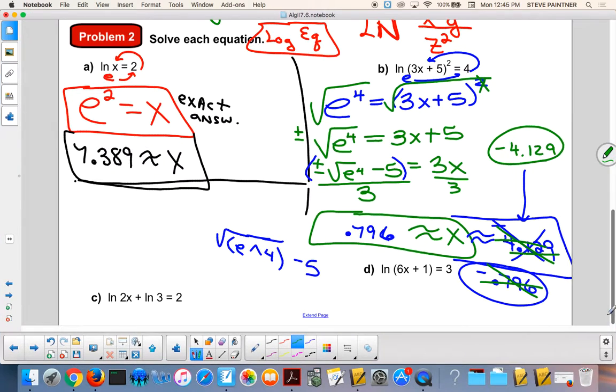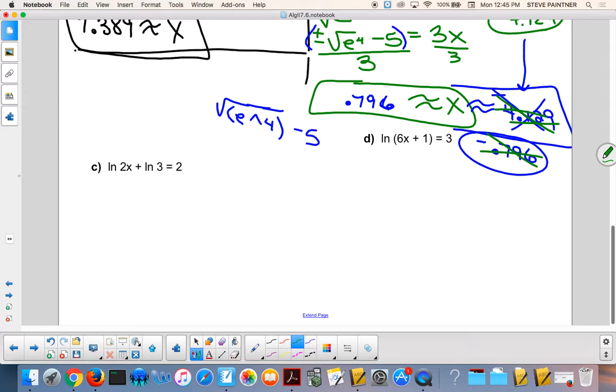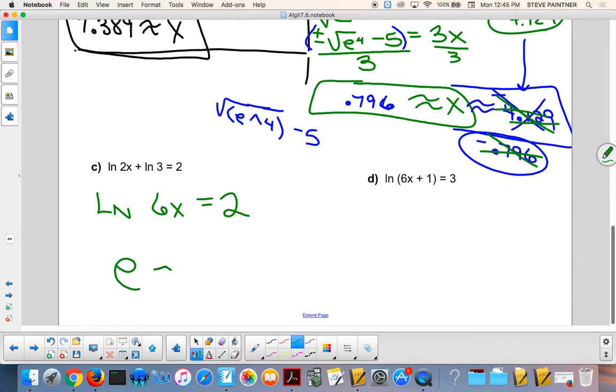This time you have 2 natural logs. What are we gonna do? Use your properties. Okay, stop. Multiply ln of what? Multiply 2x and 3 and get 6x. Convert it to what? Exponential.